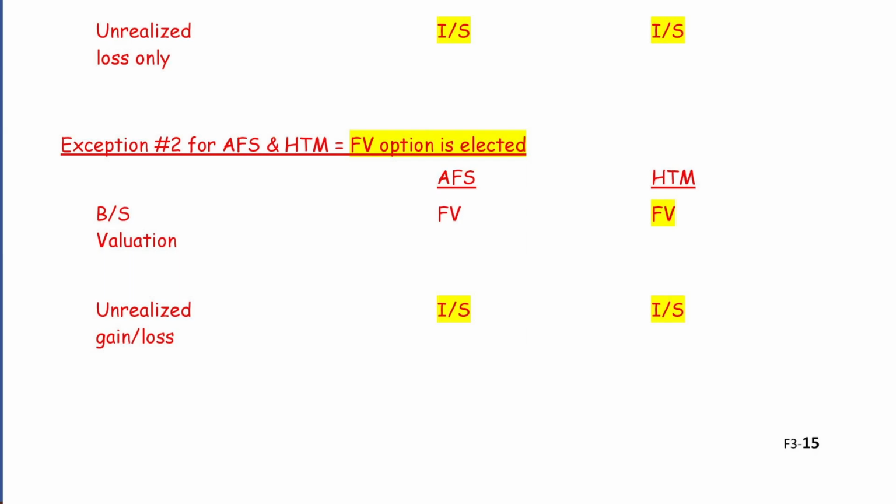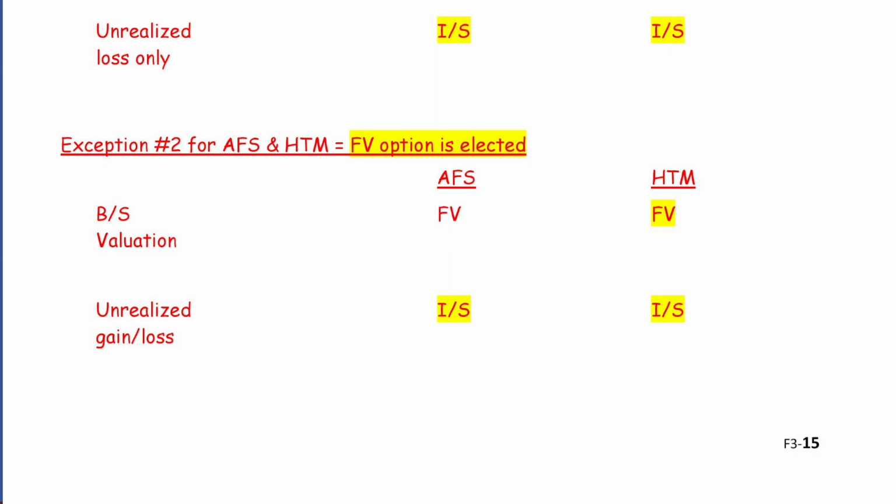So guys, one final recap before we move on. So when you look at trading debt securities, they are recorded at fair value on the balance sheet, and any gains or losses, realized or unrealized, is recorded on the income statement. Now, available for sale debt securities and held to maturity debt securities are accounted for similar to those trading securities if any of the exceptions apply.